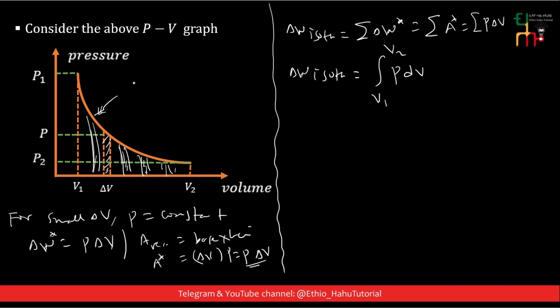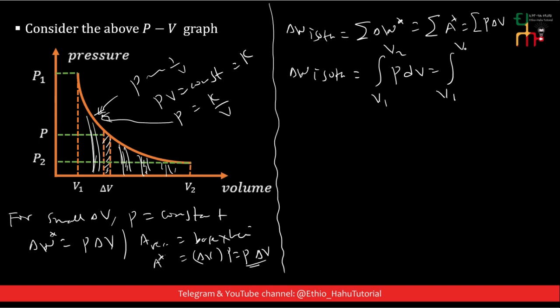The equation of this graph is P is inversely proportional to volume, and PV is equal to constant, say K, and P is equal to K over V. This is the equation of this graph. Therefore, this is equal to the integral from V1 to V2 of K over V times dV.